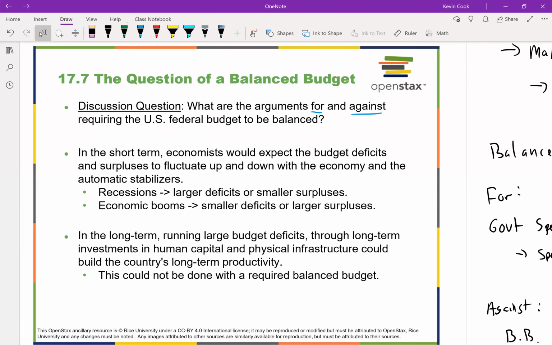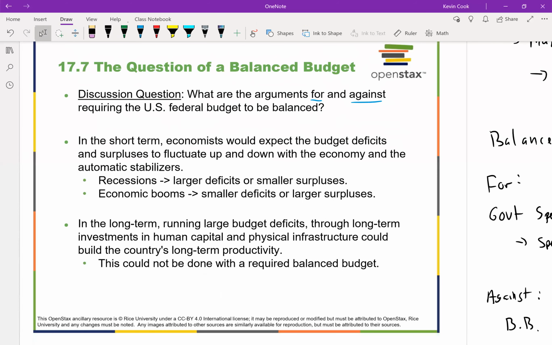And in the long term, so we have the short run, right? We have benefits from the fluctuations, and being able to not run a balanced budget allows us to fluctuate things. However, in the long run, there's potential that your investments, whether in human or physical capital, could actually boost our long-term productivity.